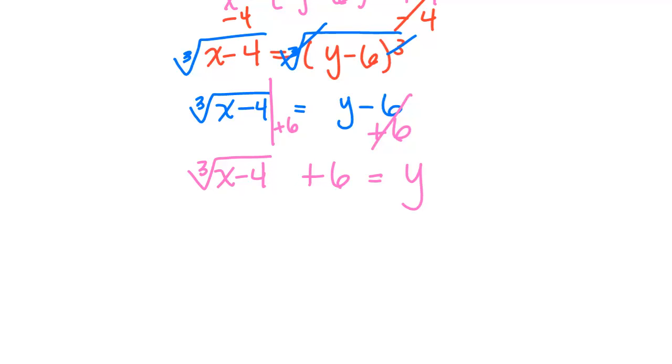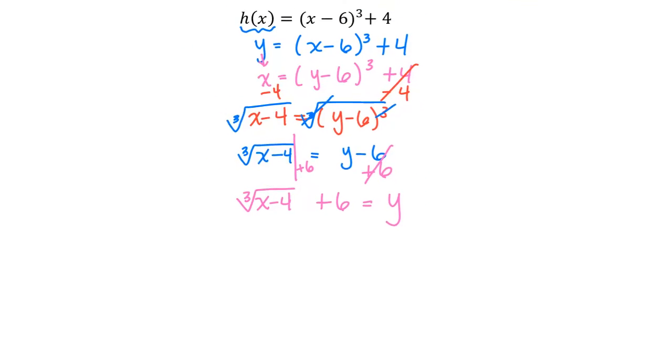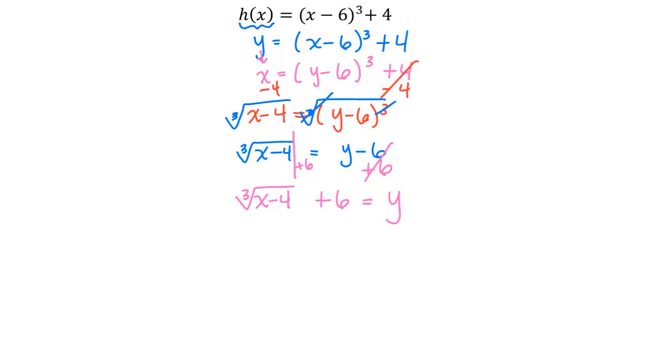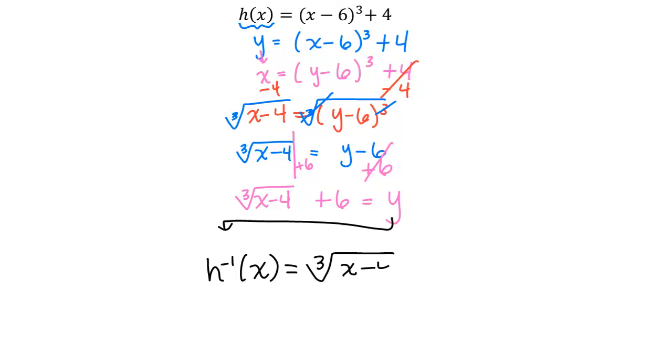Okay? And then my very, very last step is to change it back to inverse. This was h of x, so what did you guys call this one? H inverse. Good. H inverse of x equals the cube root of x minus 4 with a plus 6 on the outside.